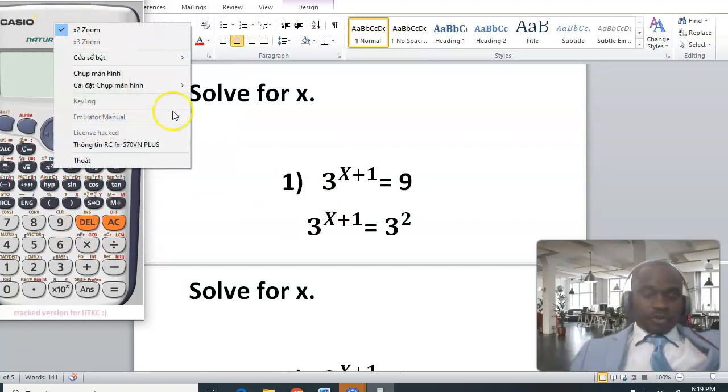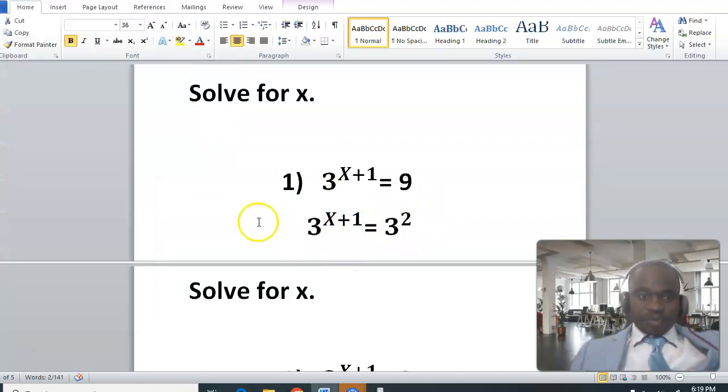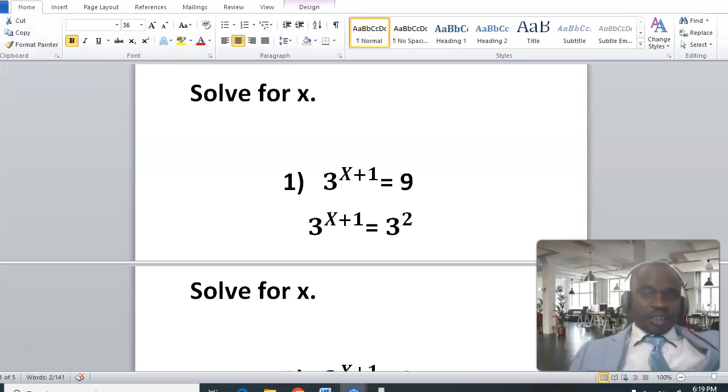What I'm going to do is change this one to the same base. This is 3 squared, and 3 squared is the same as 9.